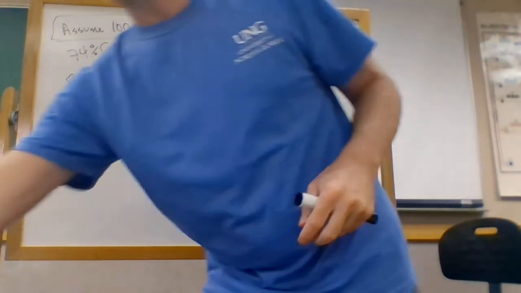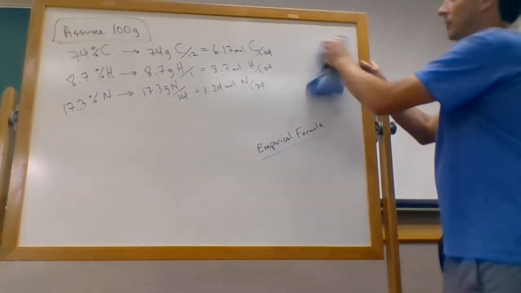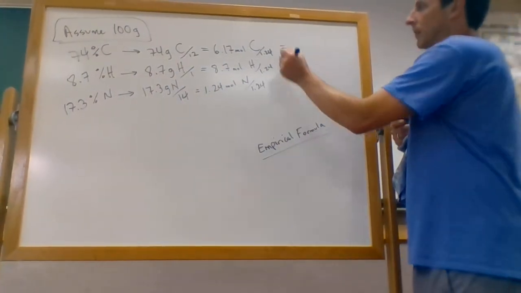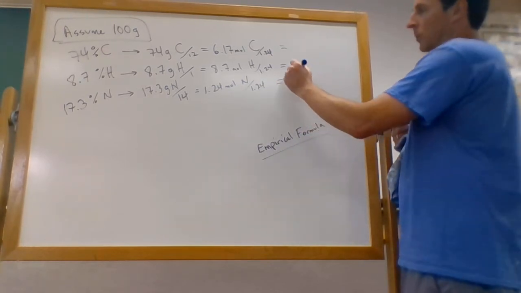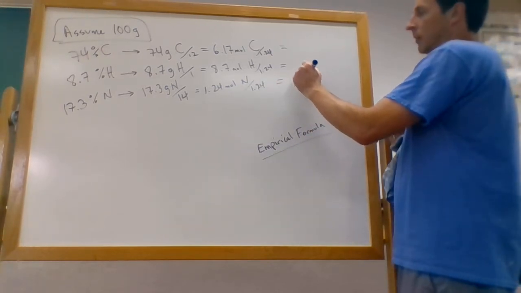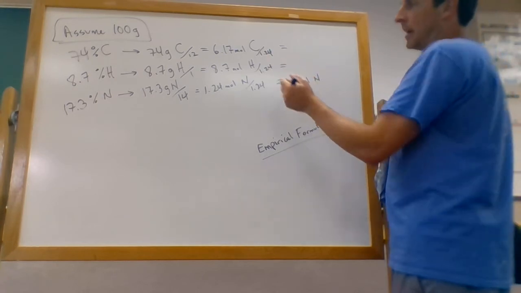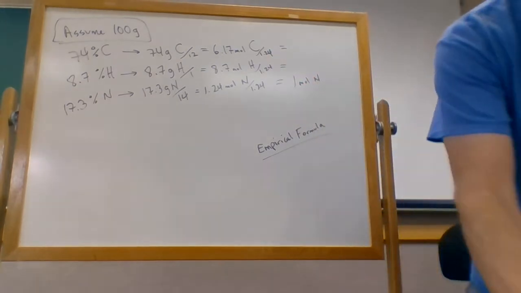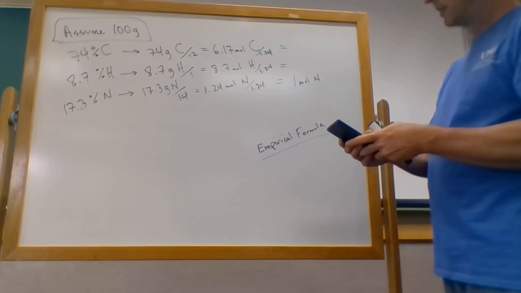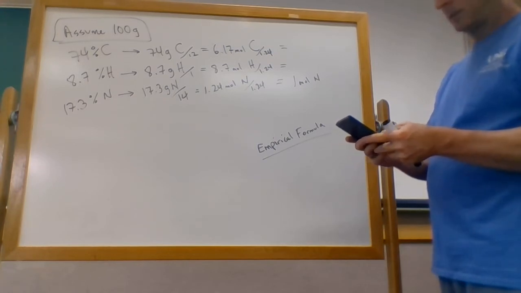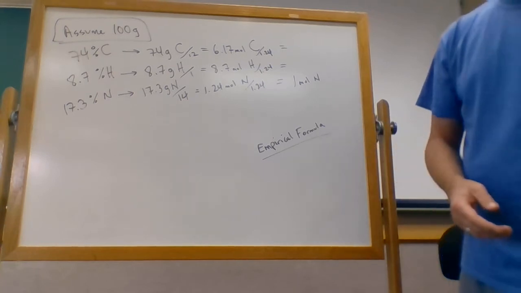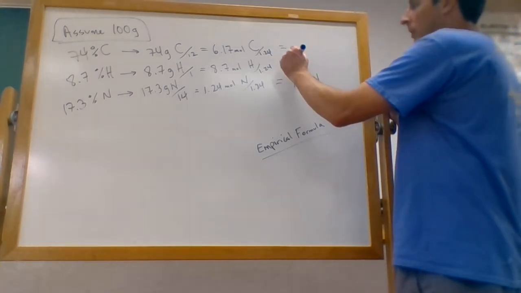Okay? So when I do that, obviously nitrogen's going to end up being 1 mole of nitrogen. Hydrogen, I'm going to have to divide that one, is 7.02.